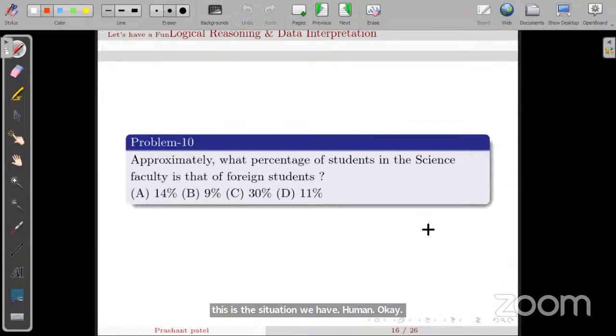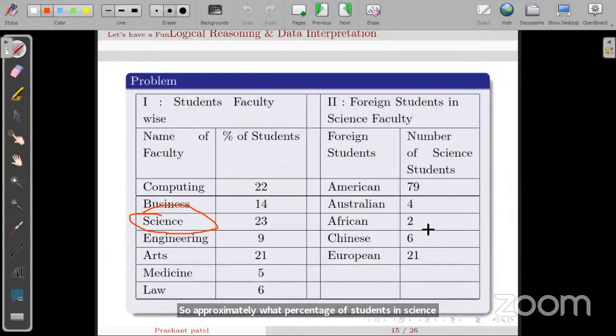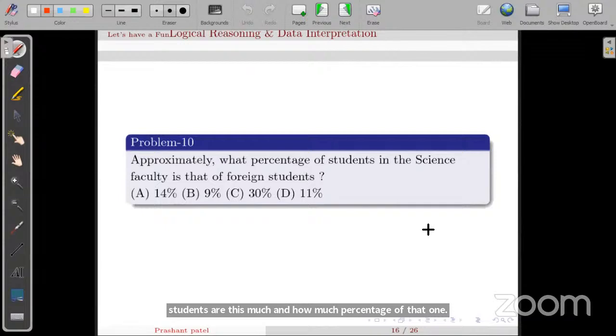Now the question they have asked is: approximately what percentage of students in the science faculty are foreign students? So the foreign students are this many, and we need to find what percentage of the science students that is. And you have to give the answer approximately.